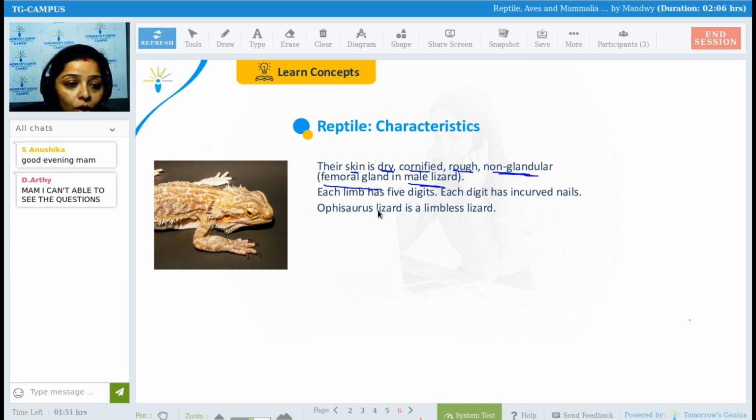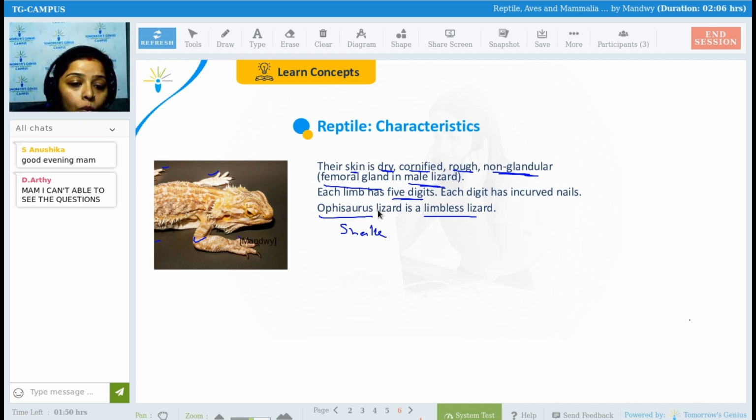They have appendages, forelimbs and hind limbs. Some reptiles do not have limbs, like the Ophisaurus lizard, which is a limbless lizard, and the snake. Apart from these two, all reptiles have limbs, and each limb has 5 digits.